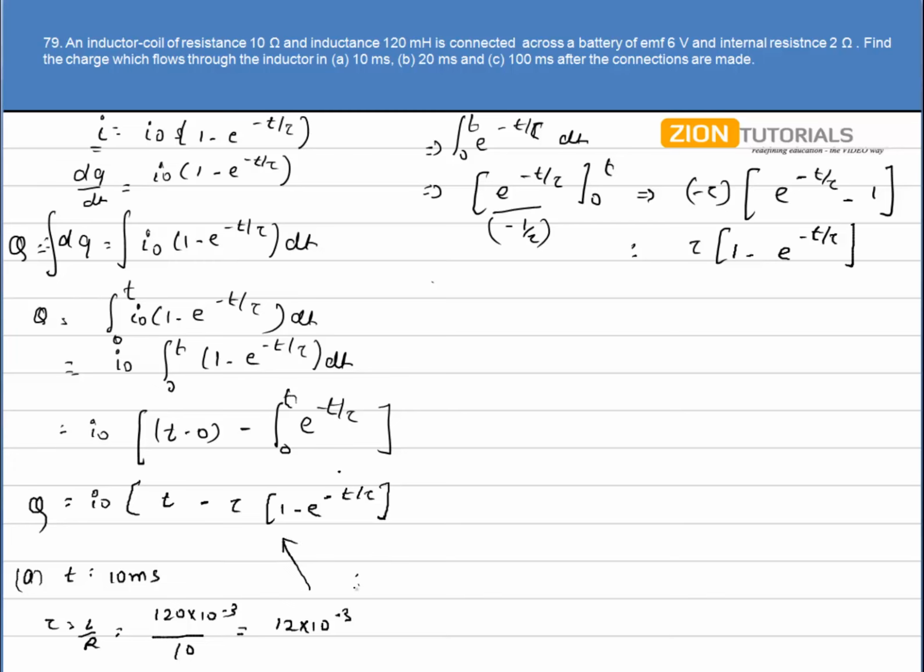Also I naught, the peak current flowing, will be equal to V upon the total resistance. The total resistance is 10 plus 2, because 2 is the internal resistance and 10 is the actual resistance, and V is 6. So it comes out to be 0.5 ampere.